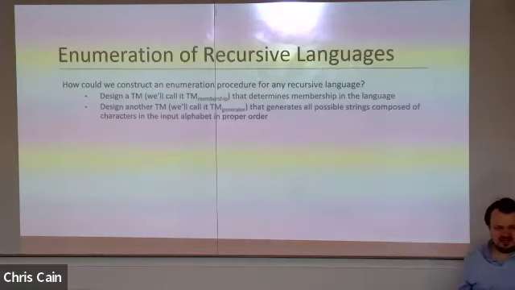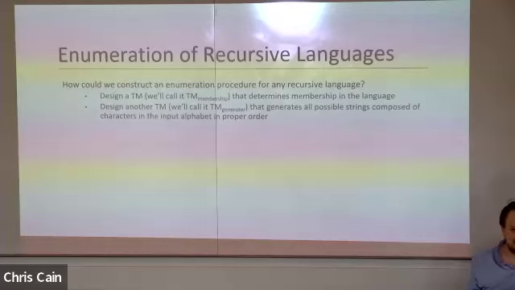We have the generator generating all possible strings that could be in the language based on the input alphabet. So the generator will just go through producing new strings and then pass those strings on to the membership machine. It writes that onto the tape. That tape is then fed into the membership Turing machine, and the membership Turing machine will spit out whether that string is in the language or not. And by this process, we can continue to enumerate and find more and more new strings that are in the language.